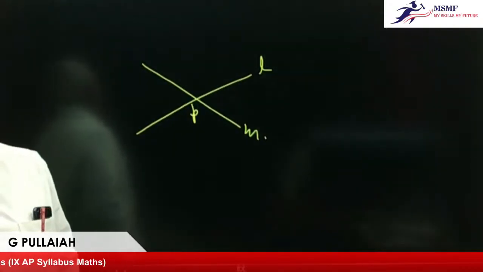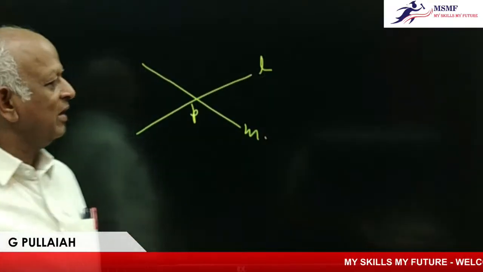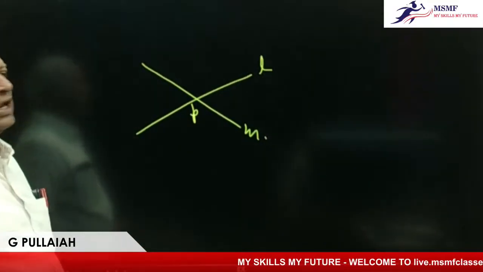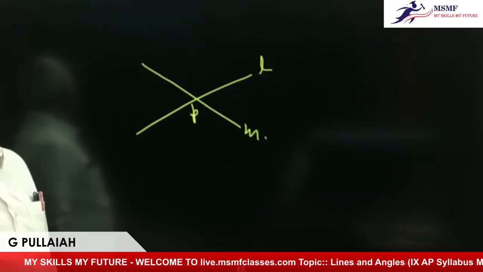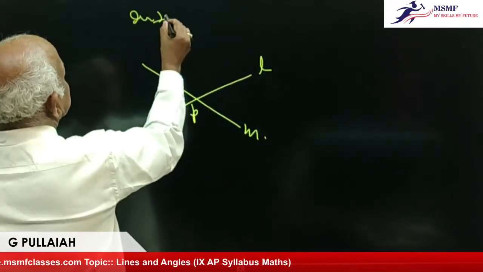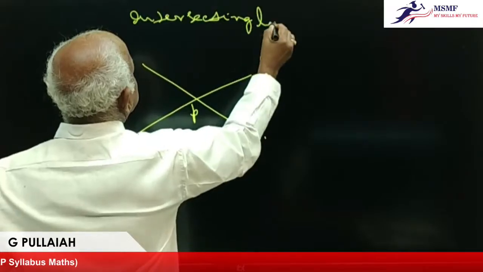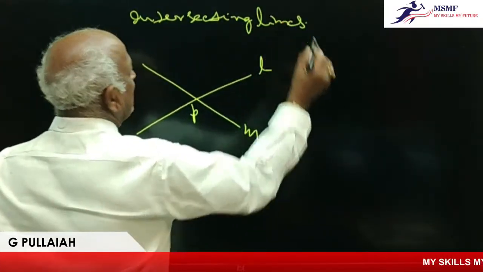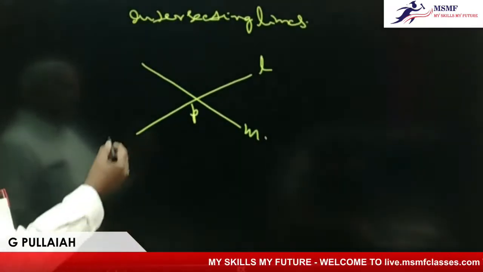If L and M are not parallel, then what they are is important here. Because these two lines are intersecting each other, we can call them intersecting lines. Clear?